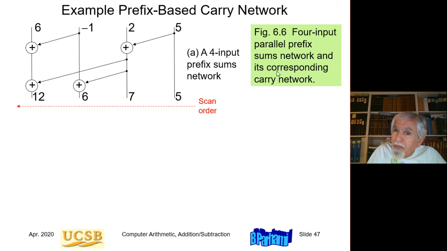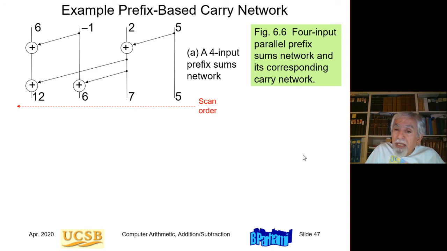Notice that the circuit that computes the number 7 also contributes to the computation of this number 6. So I'm not computing this number 6 directly based on these 3 inputs, but I'm taking advantage of this partial sum computed there. And I do that because it doesn't add to the delay. I need 2 levels of adders anyway. So here also I have 2 levels of adders, so it doesn't increase the delay of this parallel prefix sums circuit.